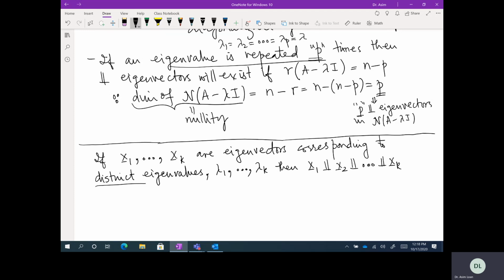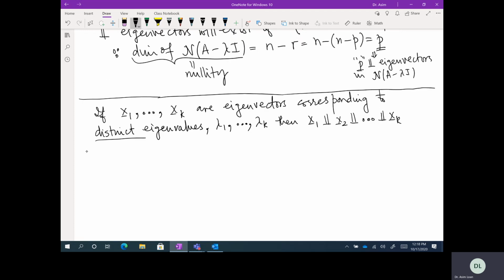How do you prove that? The proof is very simple. We say let k equal 2.